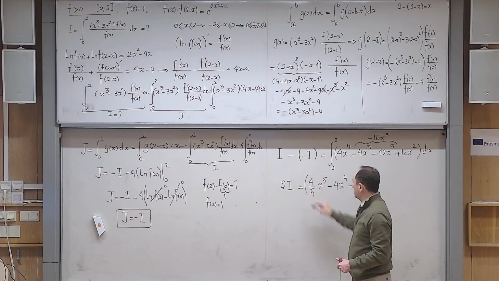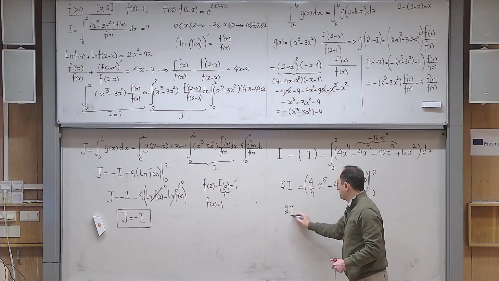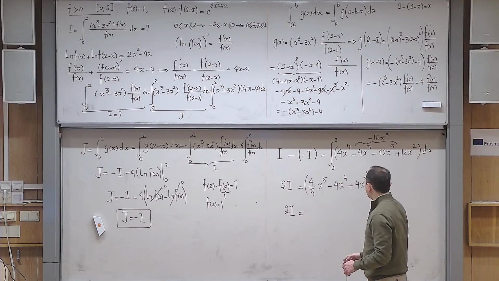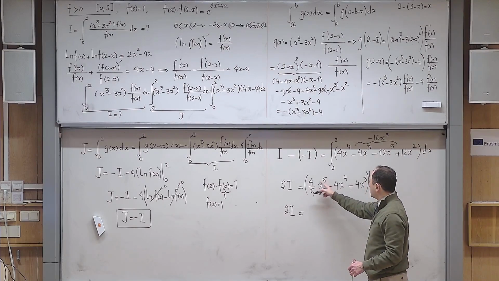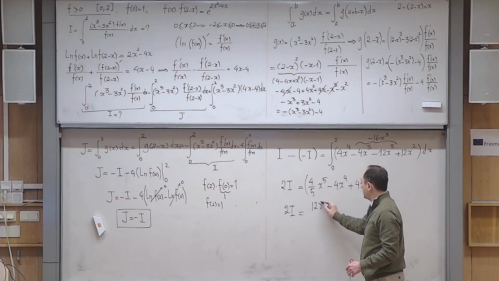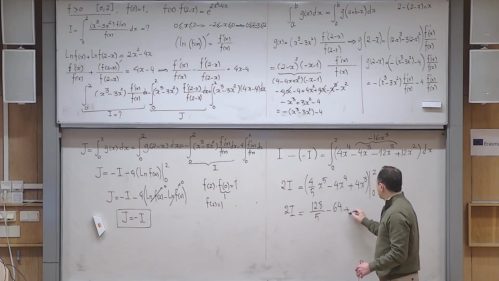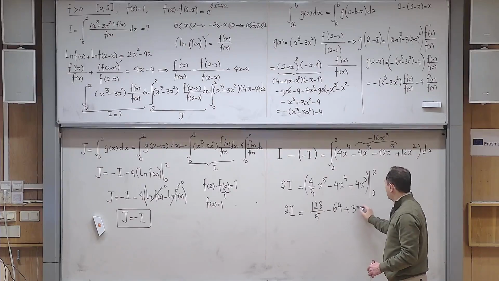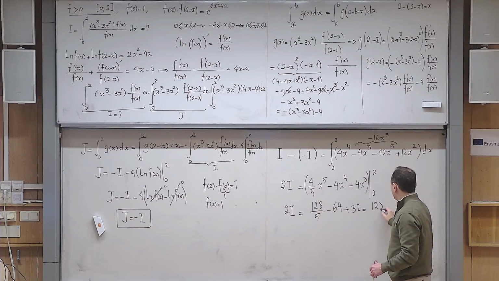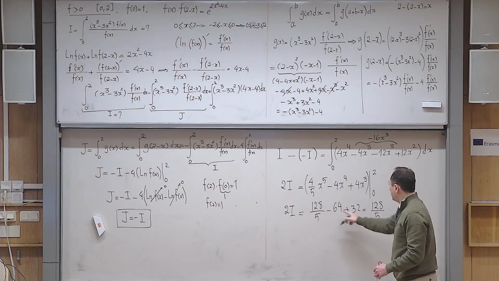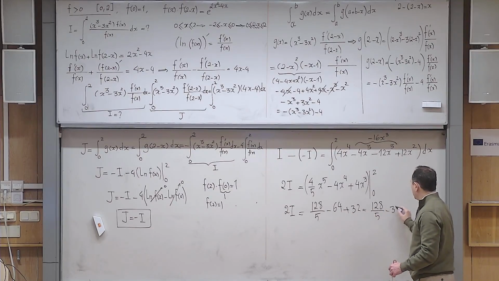Yes? Okay, so 2i becomes equal to, I replace x with 2. 32 times that is 128 over 5. 16 times 4 minus 64 plus 32. So it's 128 over 5. And then what happens here is minus 32.